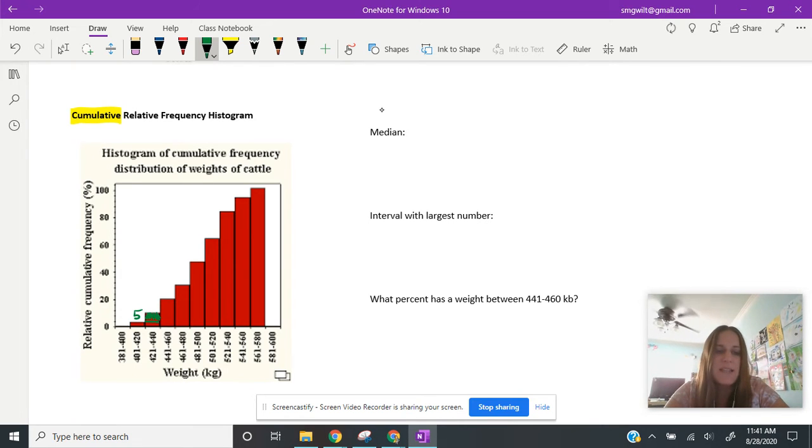So that means that for this one, that green section is all that's really related to that interval. Then the previous bar is cut out and then just the additional section. So just that change is related to the new category. Okay, so they're adding in all of those. That's why that last bar should always end up being 100%.